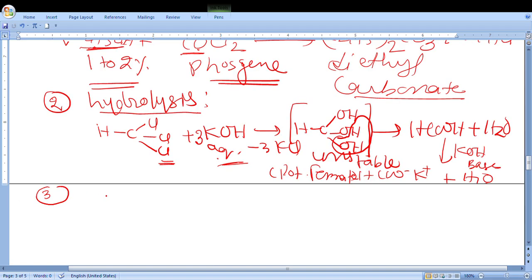Number 3. The third chemical property of chloroform is nitration. And nitration will be done with concentrated HNO3.